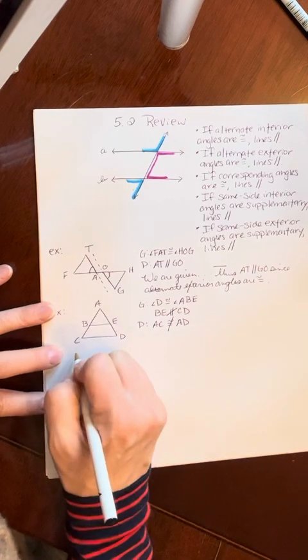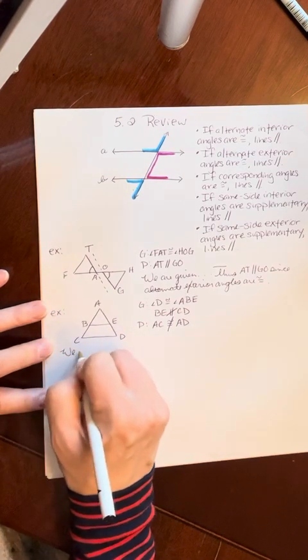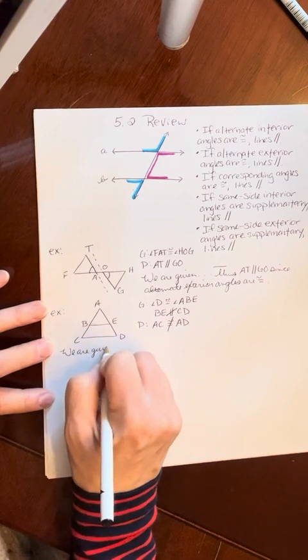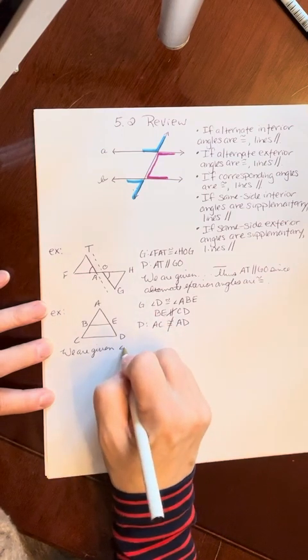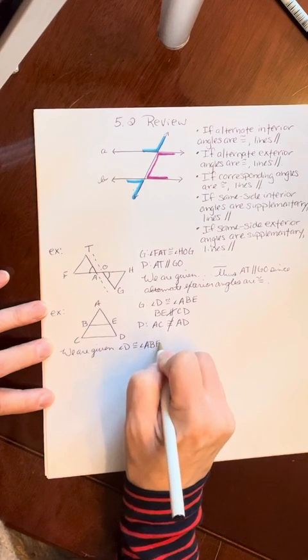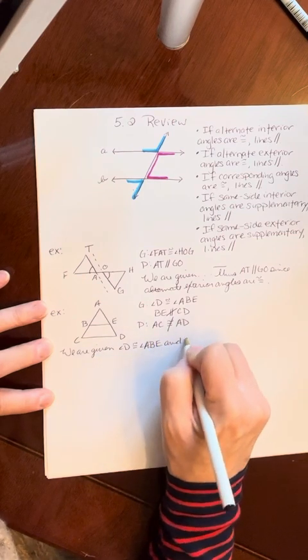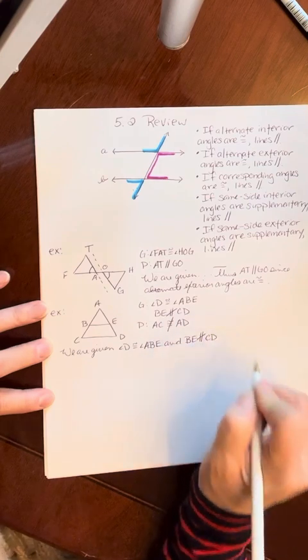And so you are given, and I'm going to write the full given because it's going to enter into the way we prove. So we are given angle D is congruent to angle ABE, and BE is not parallel to CD.